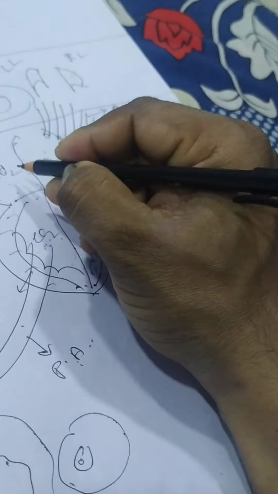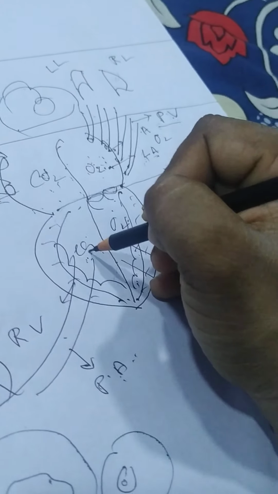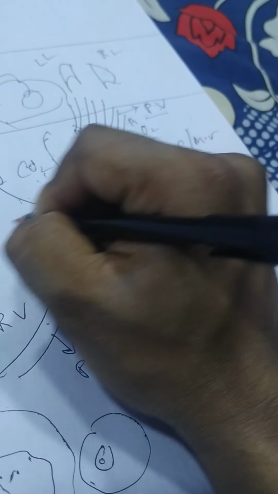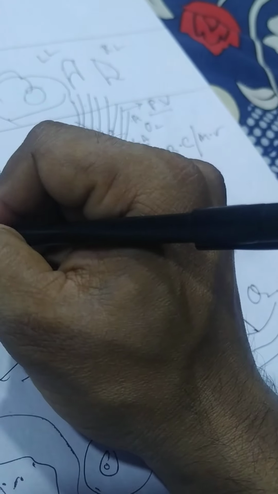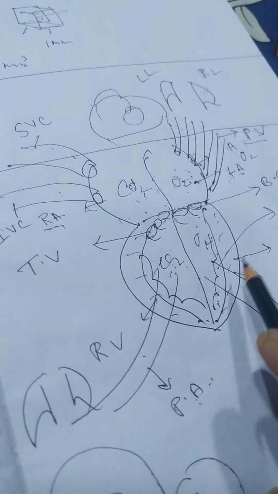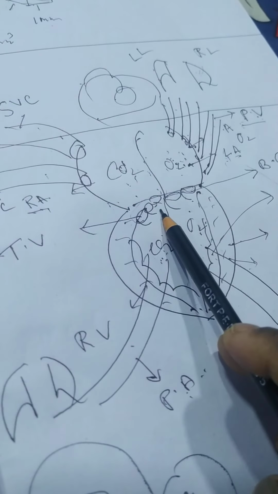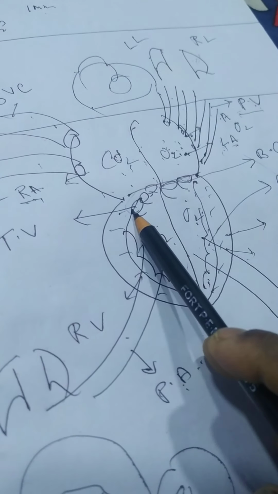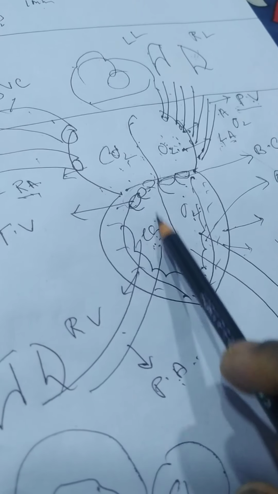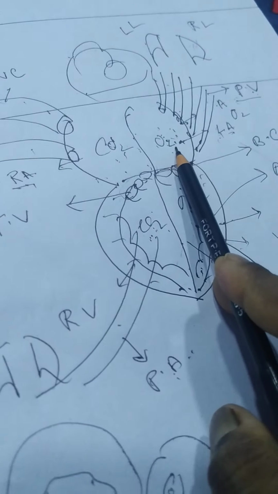At the joining of the right auricle and right ventricle, there are three valves. They are called the tricuspid valve. Both the bicuspid valve and tricuspid valve open towards the ventricle. They do not open towards the auricle.